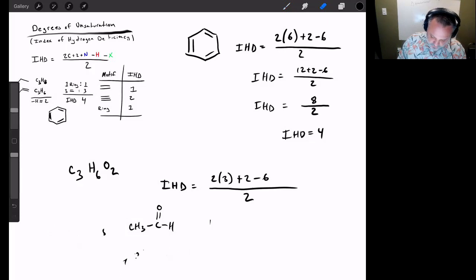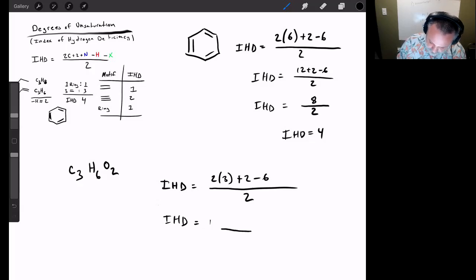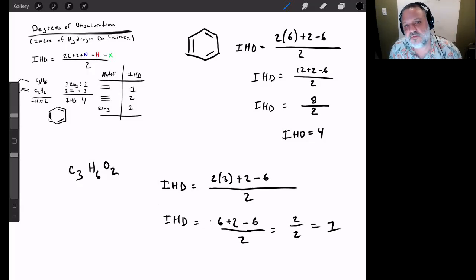Let's go back to our calculation. If you were zooming along ahead, then you calculated that the IHD is 2 times 3 is 6, plus 2, minus 6, divided by 2. And so that's 8 minus 6, that's 2 divided by 2, that equals 1. So that means that there are some possibilities here.